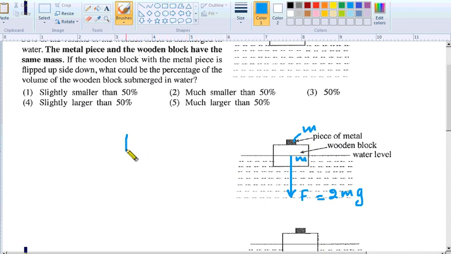So since it is floating, the weight must be equal to the upthrust. The upthrust is given by only this part of the wooden block, because only that part is submerged in water.